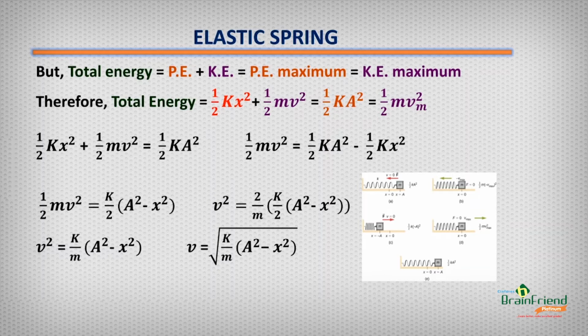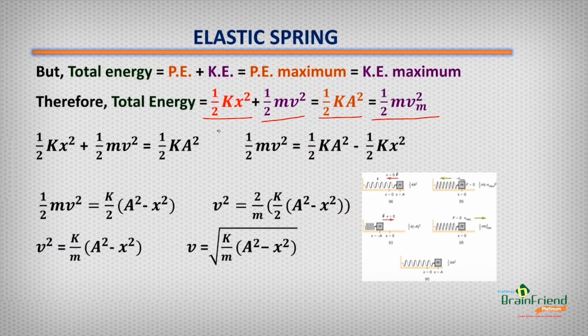Therefore, for a mass attached to an elastic spring, the total energy is equal to the potential energy, which is half Ks squared, plus the kinetic energy, which is half mv squared. Also, it is equal to half Ka squared, which is the maximum potential energy, and also equal to the maximum kinetic energy, which is given by half m v_m squared.